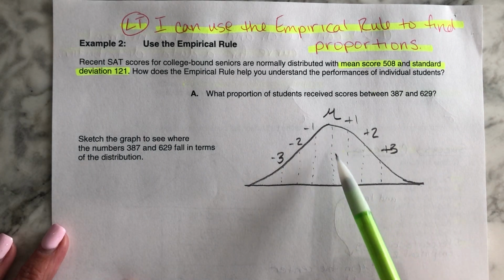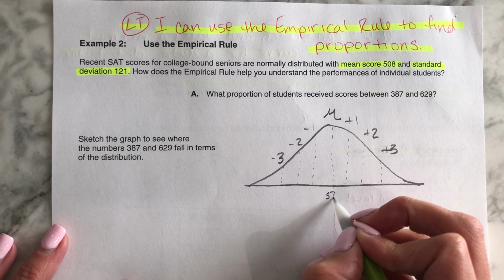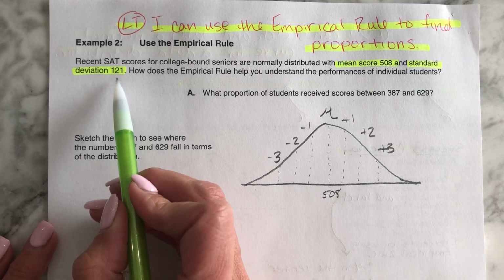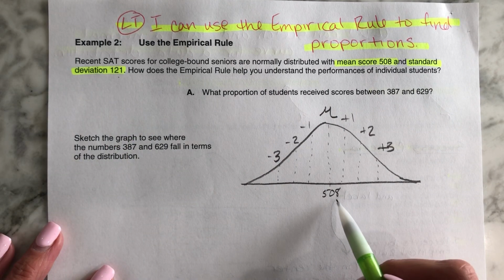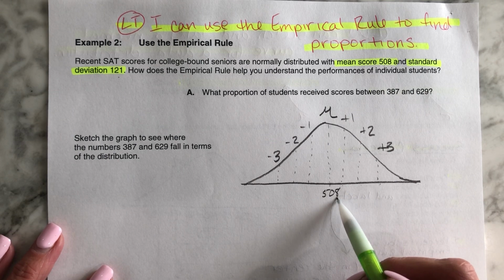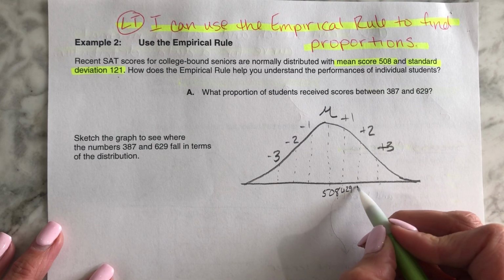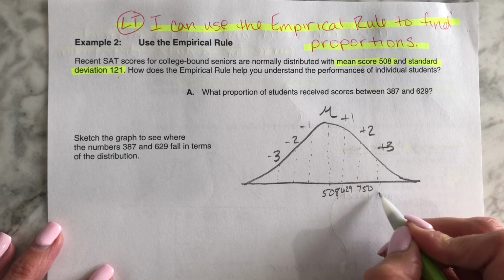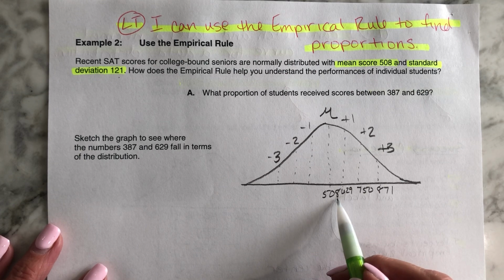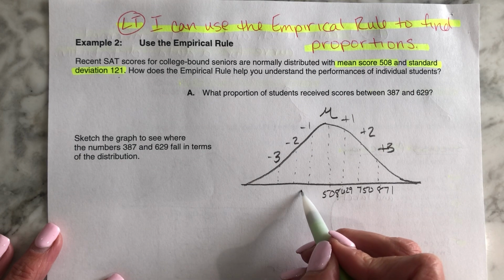So we're going to start with our mean that goes right in the center. Mean is 508. And then our standard deviation here is 121. So we're going to add 121 to get each of these here. So 508 plus 121 is 629. And then add it again, 750, and then 871. Now do 508 minus 121 to get your next score here.